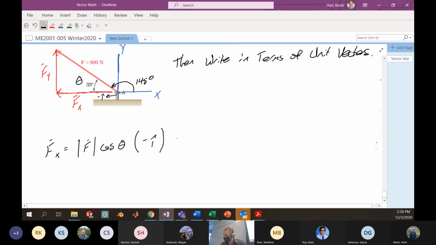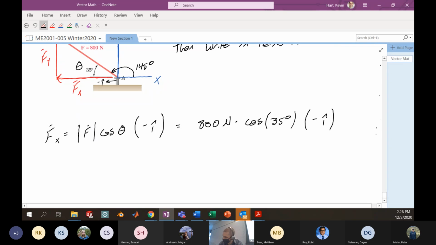So we can plug things in here. The magnitude of f is 800, so 800 newtons times cosine of my angle, which is 35 degrees, multiplied by my unit vector, negative i hat.